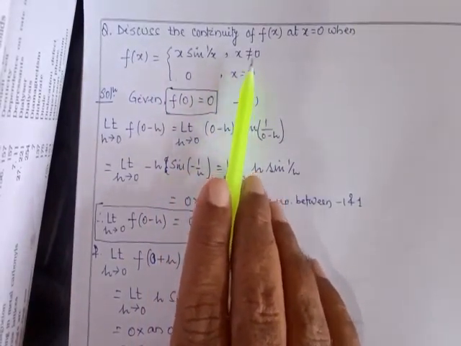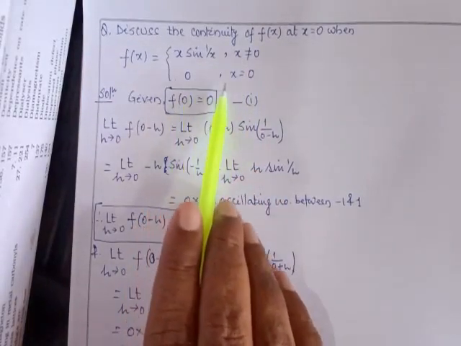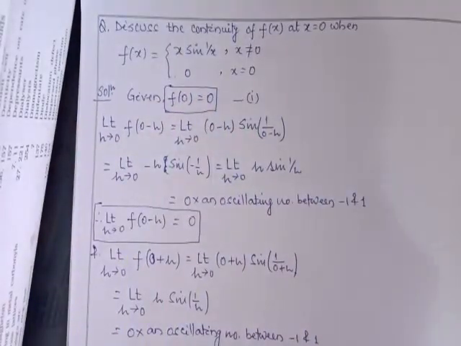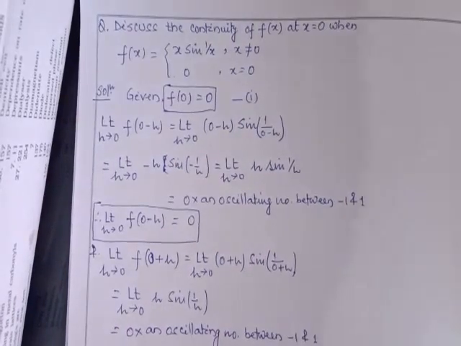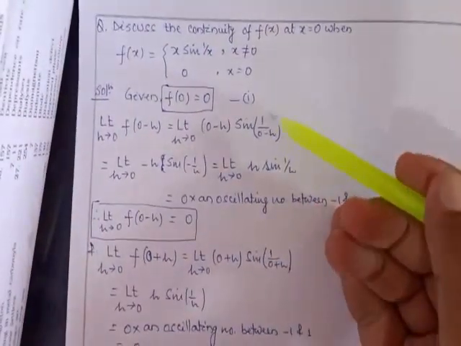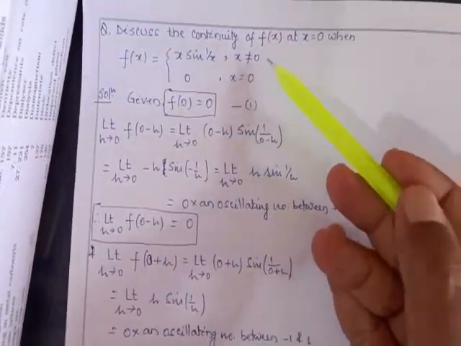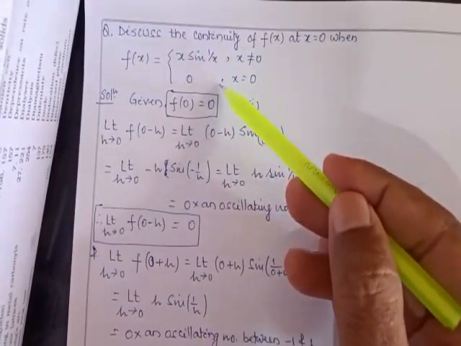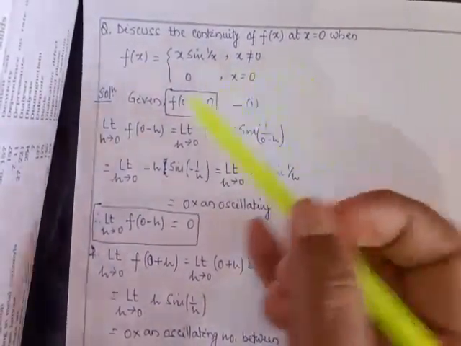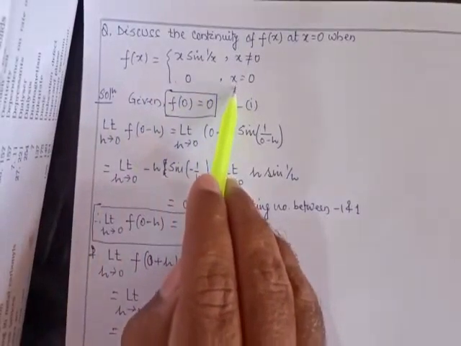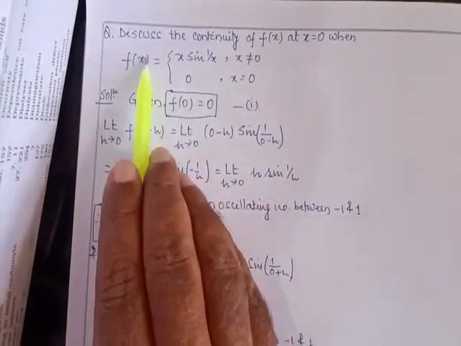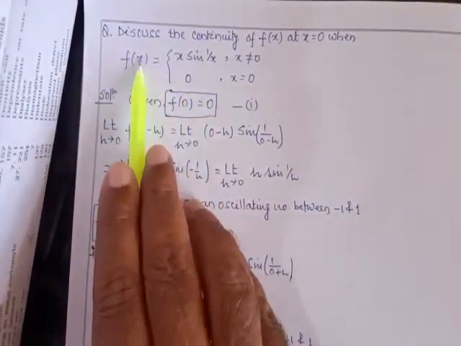In this question we have to discuss the continuity of such type of function. First, see what is given. When x is equal to 0, f(x) is equal to 0. So we write f(0) is equal to 0.